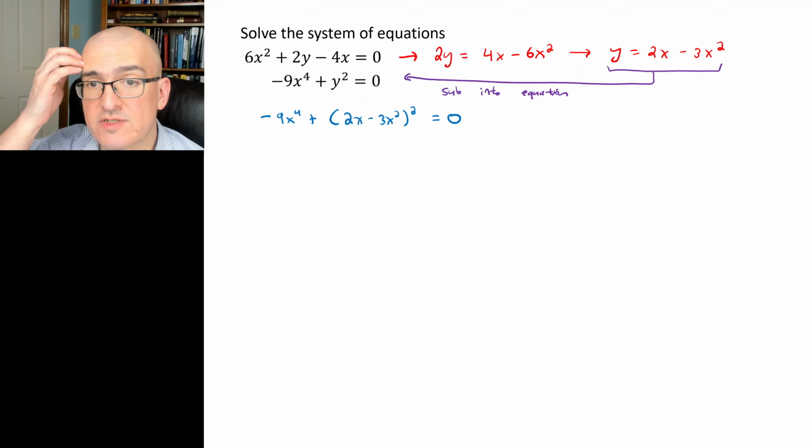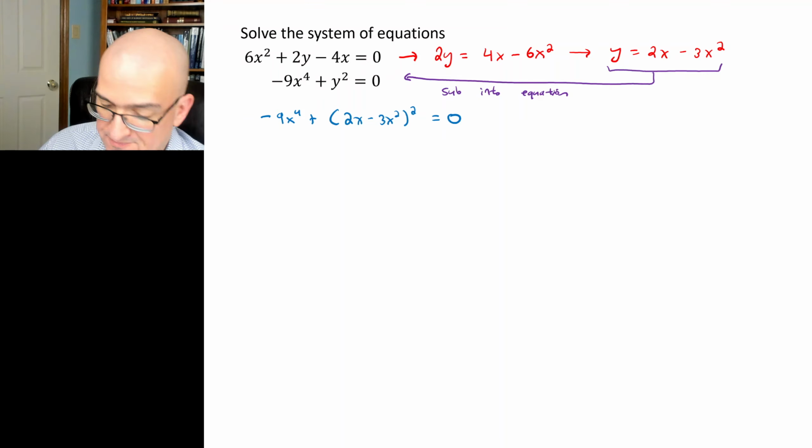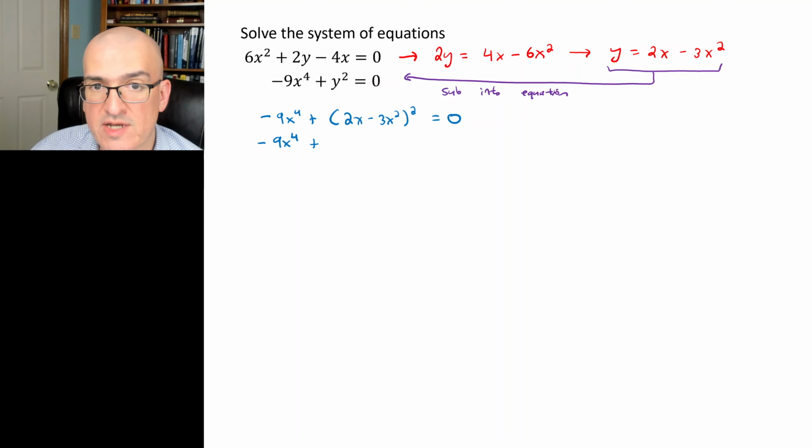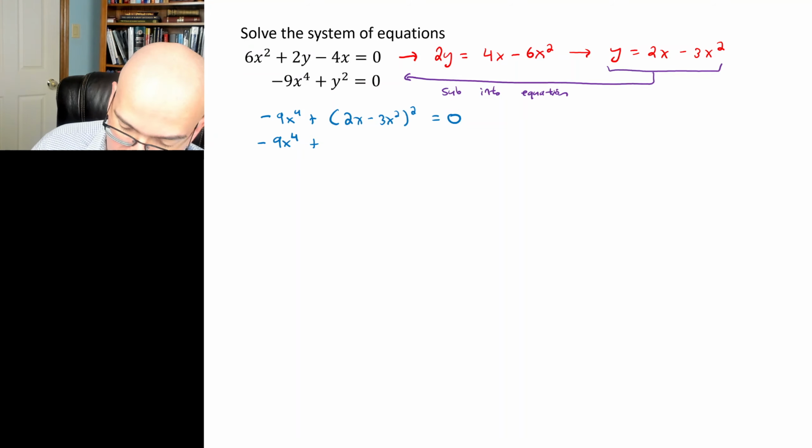This expression is just strictly in terms of x. Next thing I'm going to do is I'm going to FOIL out that bracket. We have a bracket of stuff times itself, so first times first, outside times outside, inside times inside, last times last. I'll write out the terms because I'm going to get confused if I don't, because they're strange.